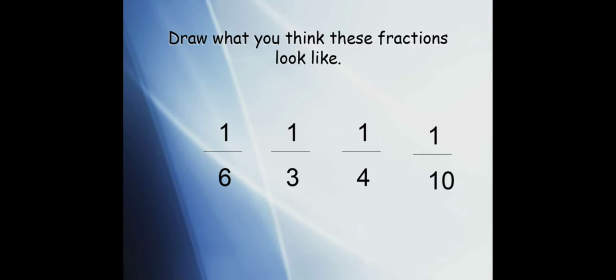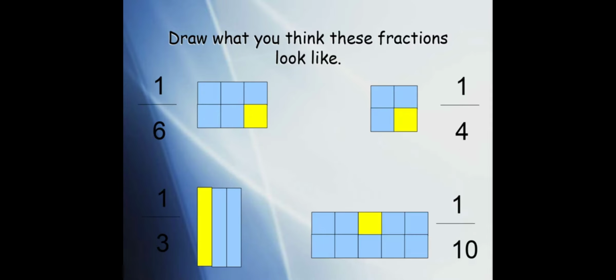Draw what you think these fractions look like. You can try fractions like 1 by 6, then 1 by 3, then 1 by 4, then 1 by 10. You can draw them in a rough notebook and then find out how the fraction works. So this is all about the denominators, and this is the example of how we have done 1 by 6 of the figure, 1 by 4th of the figure, 1 by 3 of the figure, and 1 by 10 of the figure.